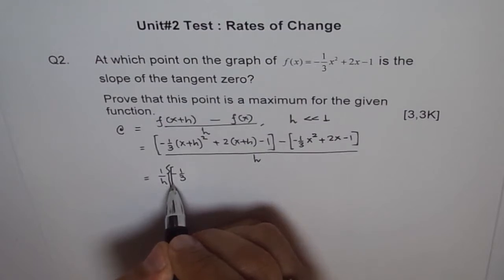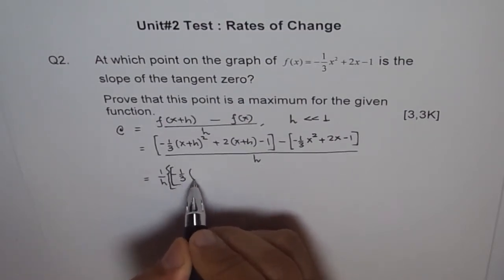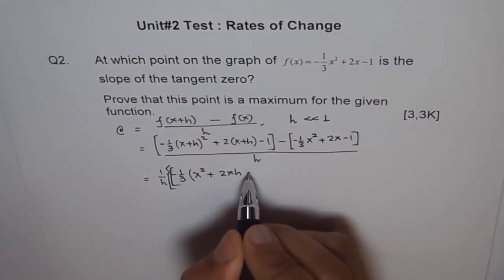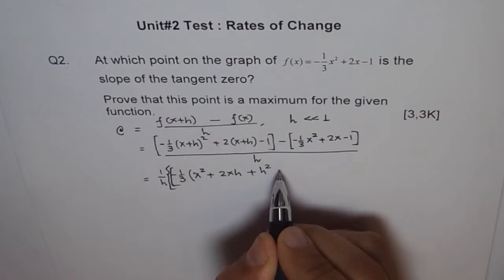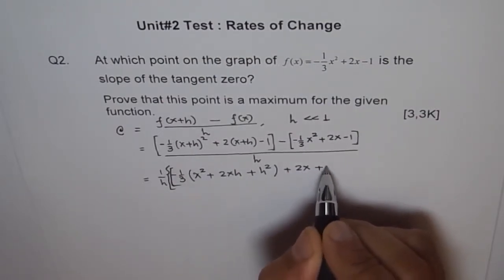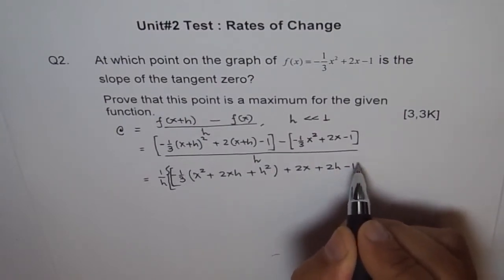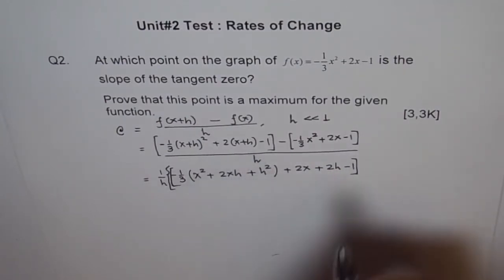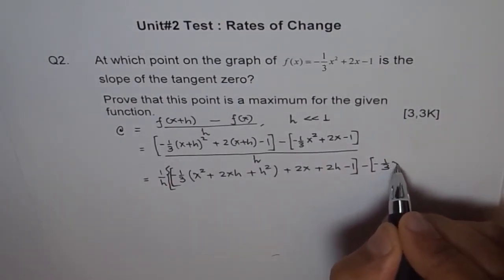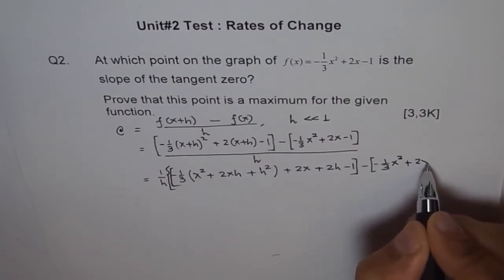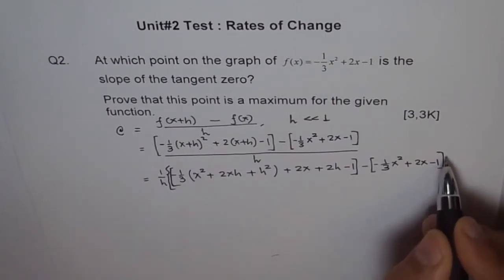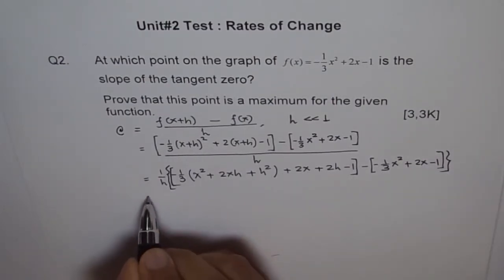So let me introduce that square bracket also, correct? 1/3, and I'll expand this: x² + 2xh + h², bracket close, plus 2x + 2h - 1, right? So this is my first half. And then here I have -1/3 x² + 2x - 1, correct? I've already written h here outside the bracket, and I'll close this bracket, okay?